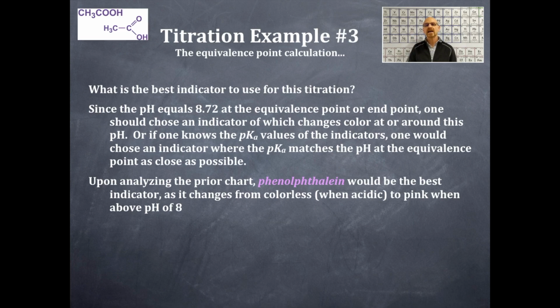Upon analyzing that chart that I had on a previous video, phenolphthalein would be the best indicator as it changes from colorless to fuchsia or pink at or above pH 8. So that would be the best one since this pH is 8.72 at the equivalence point.